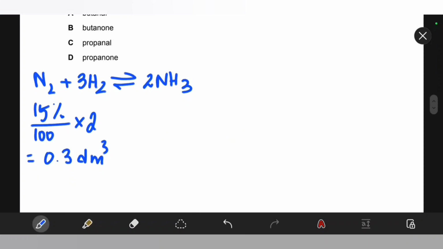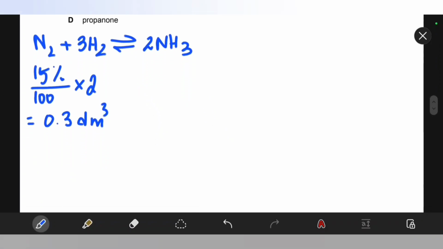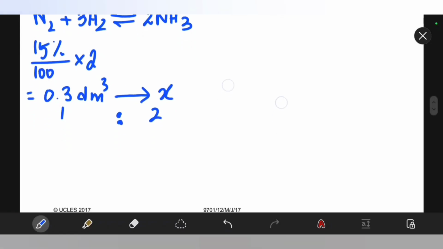So let's first find out what is the volume of ammonia formed. So volume is unknown, but we do know the mole ratio. So let's use mole ratio, which is 1:2. And we also know that at room temperature, the volume of a gas is 24 dm cube. Here it would be 2 into 24, right?